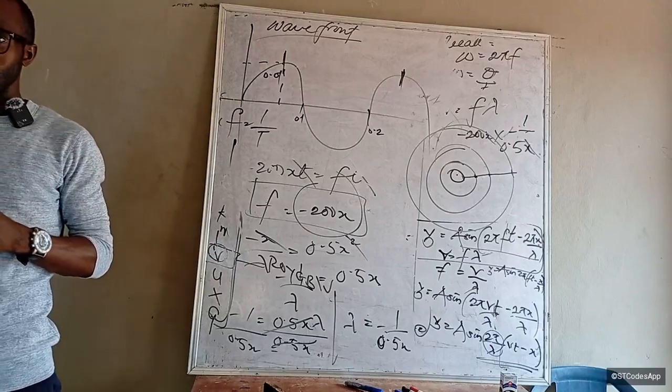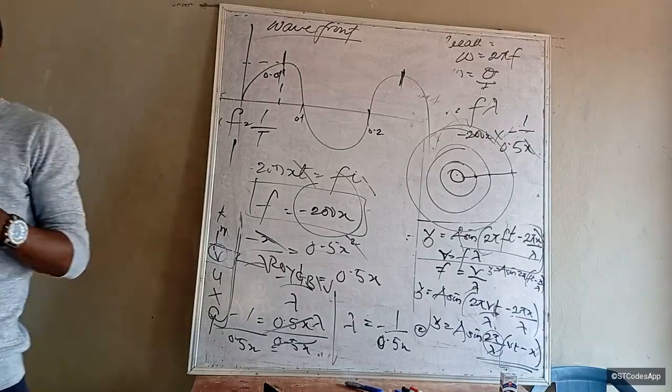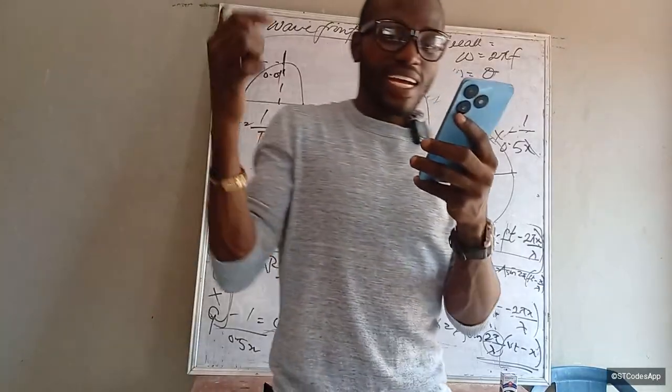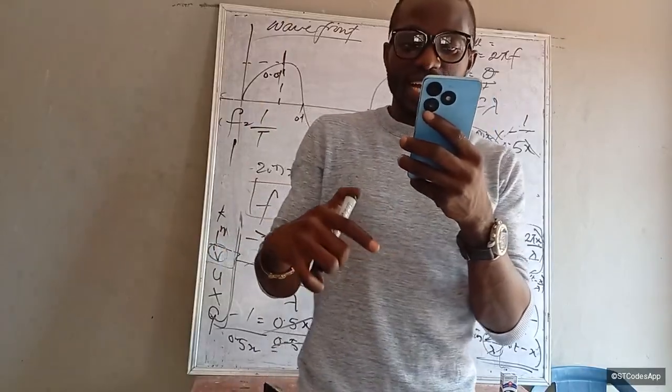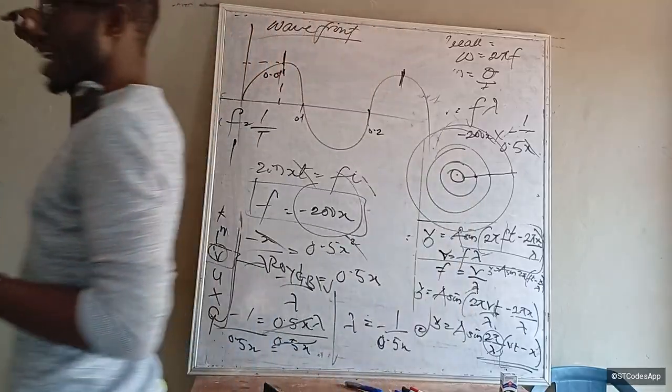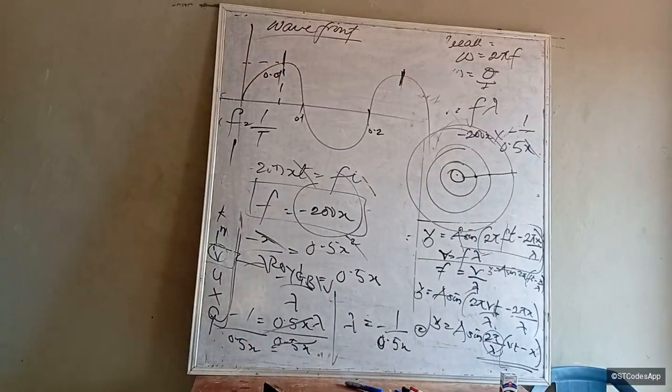Do they travel at the same speed? How can water travel at the speed of light? Now the next one: can be refracted and diffracted. Light wave can be refracted. Can water wave be refracted?